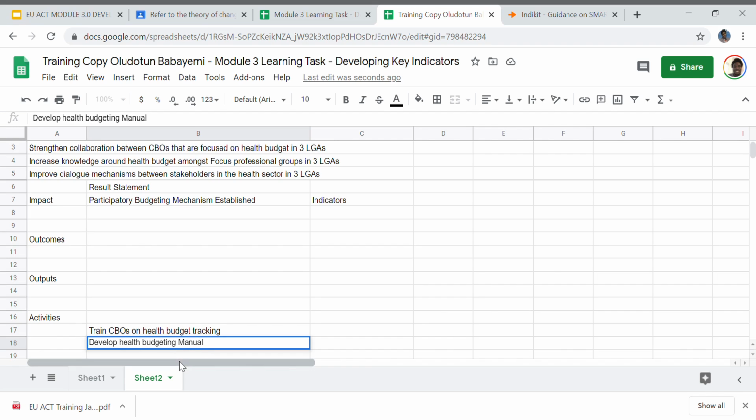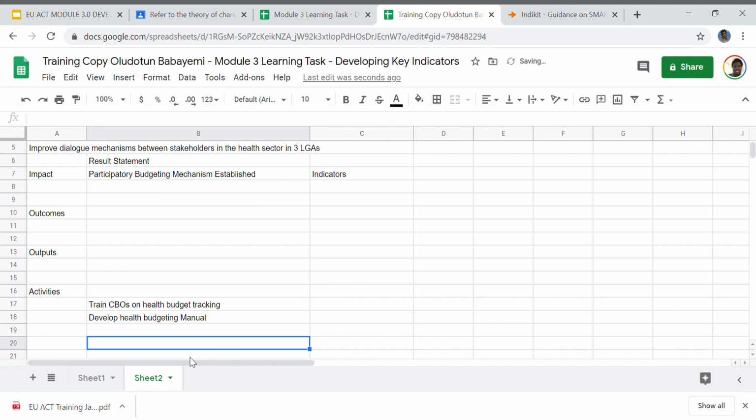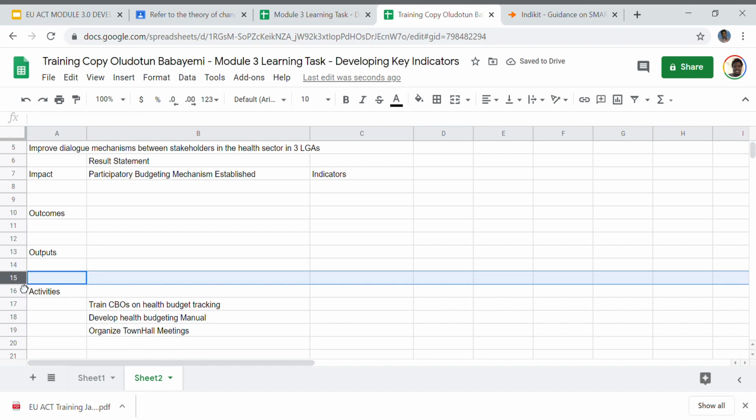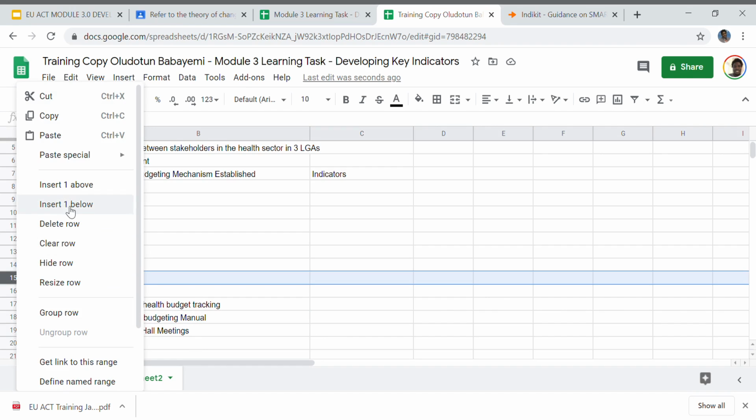Dialogue mechanisms: organize town hall meetings. So I'm just going to focus on those three, and let me insert one above.